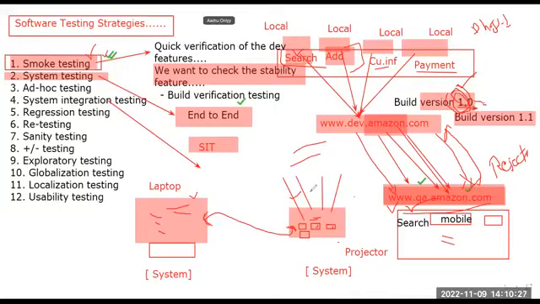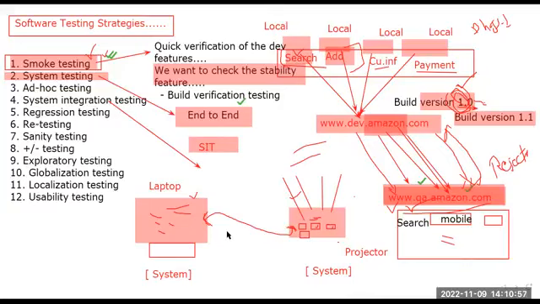That is a problem. Our system integration is failing, or we are having some defects. The defect may be anywhere, in the projector or the laptop, but whatever I want to display should display on my projector. That is my requirement after integrating the two different systems. So that is a kind of system integration testing. We have to combine the products and check whether it's working or not.